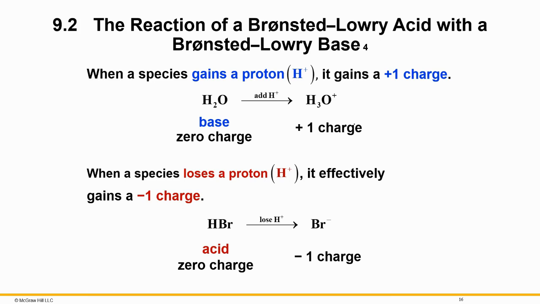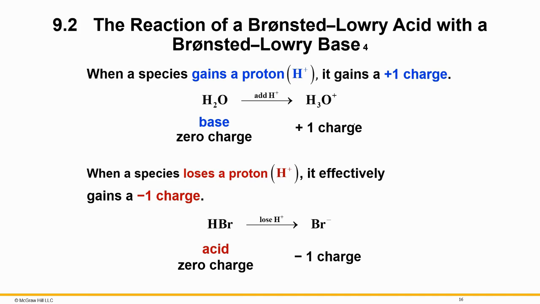Yes, good. So these are a pair because from here to here, you're losing hydrogen. Good. All right, you guys doing okay? Okay, yeah, that's good. You got it? Good. Looks good.